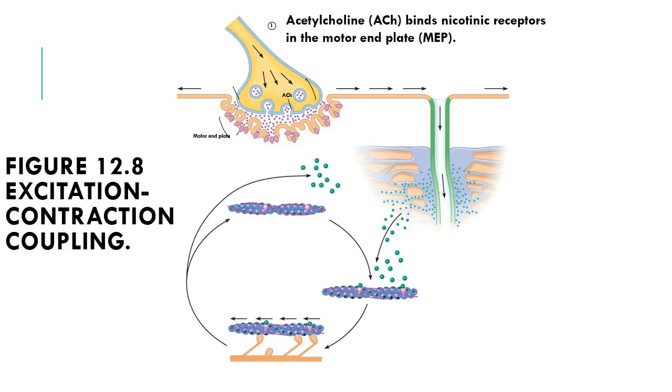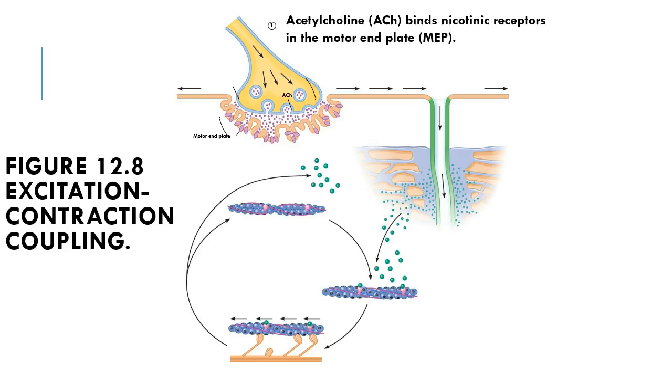If you read ahead, there's a more concise way to say this. You might know a better way to say this. It's graded depolarization at the motor end plate. Not yet. It's called the end plate potential. An end-plate potential is another way to say graded depolarization at the motor end plate due to the influx of sodium through the nicotinic receptors.